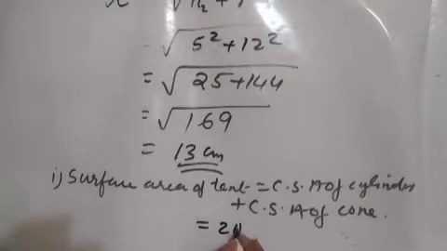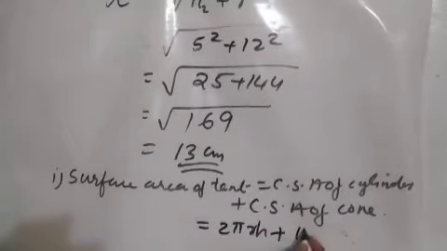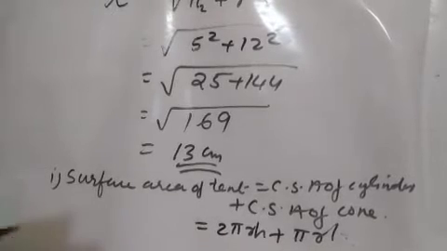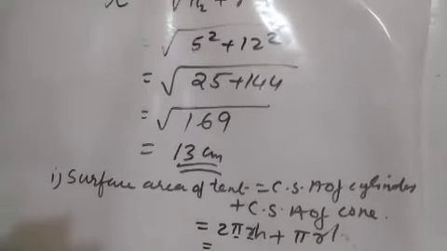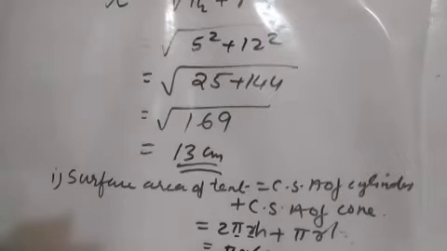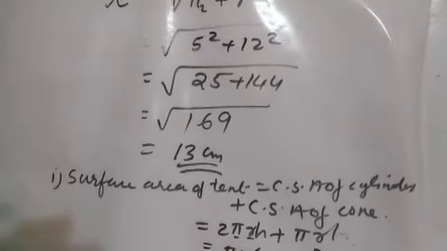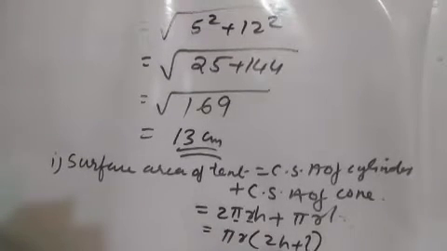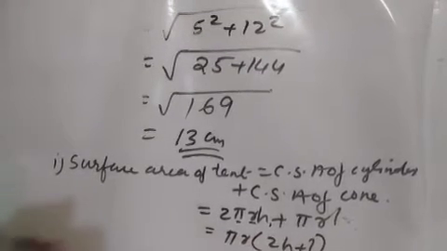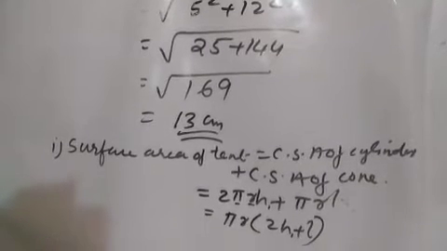So 2 pi RH plus pi RL. We know the radius and pi is common for both, so pi R into (2H plus L). For the cylinder, that's why we take H1, height 1. The first height is for the cylinder.